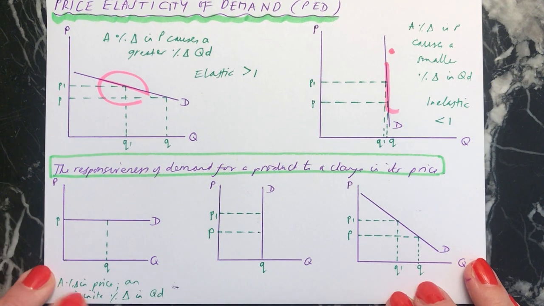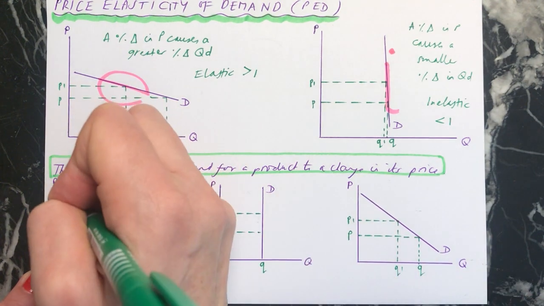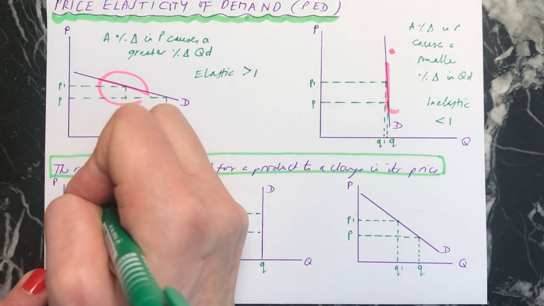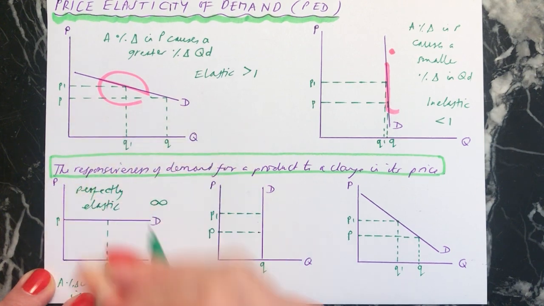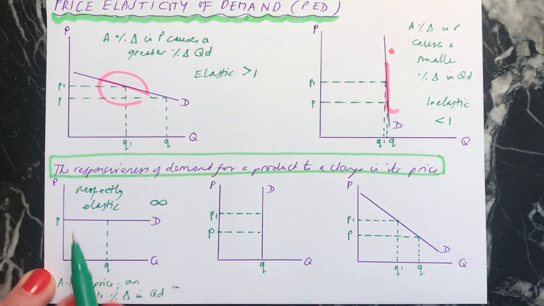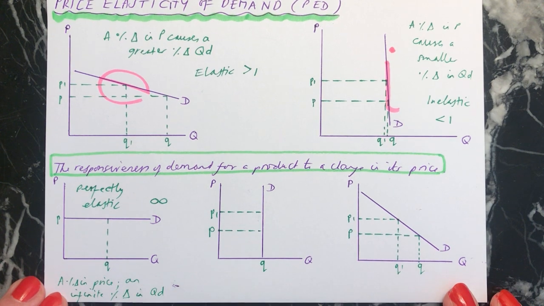And the value of this curve is infinity. And we say that this is perfectly elastic. It looks like the elastic curve, but it's completely horizontal, so it's perfectly elastic. And a percentage change in price causes an infinite percentage change in the quantity demanded.